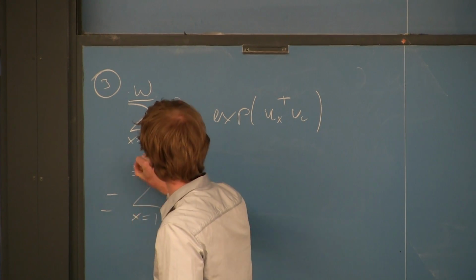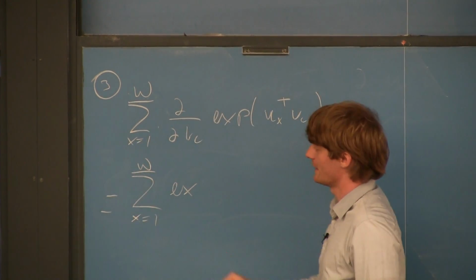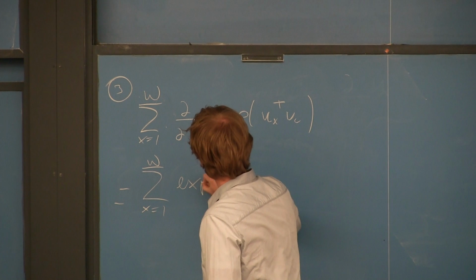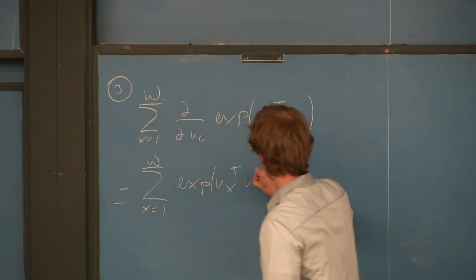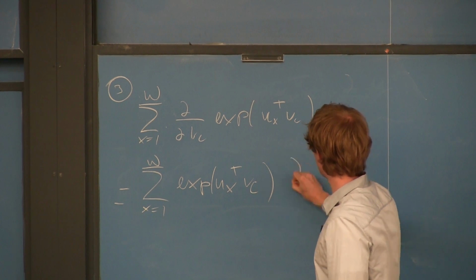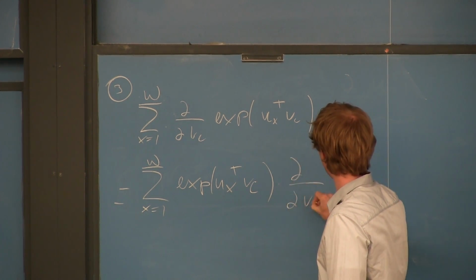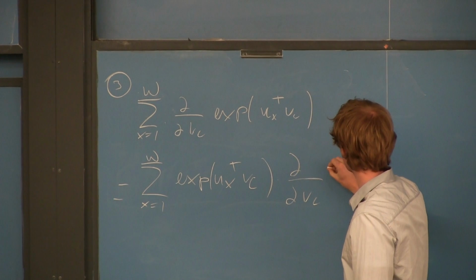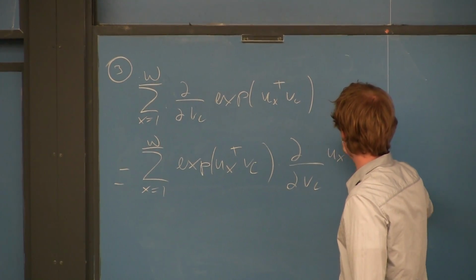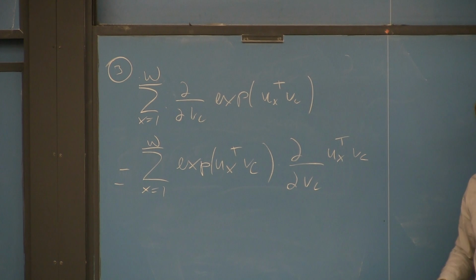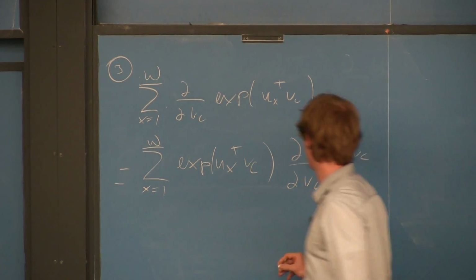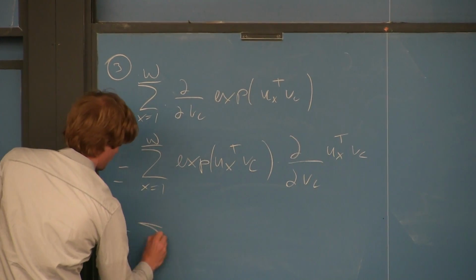Let's not drop our indices, otherwise we may get confused with the w later. We have the exponent of ux transposed vc times the derivative with respect to vc of the inside of that function, which is ux transposed vc. So now, what's the derivative of that? ux.